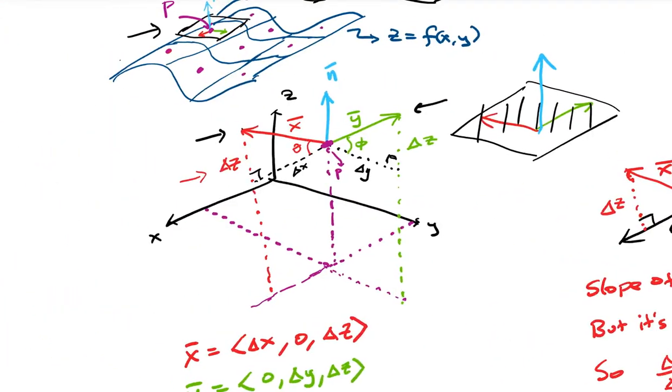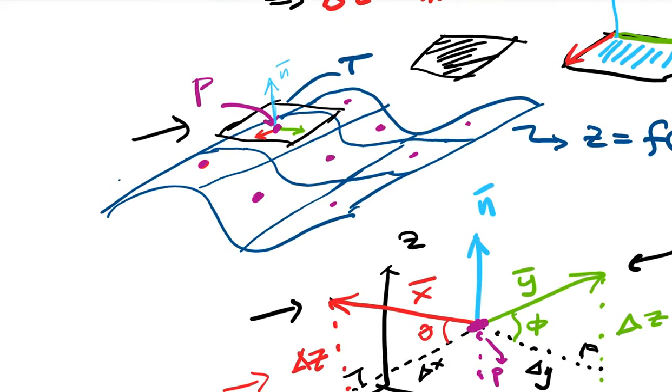Let me go back to the figure. You have z equals f of xy. If you take the point P here, and go in the strict x direction from there, like the red, the slope there is f sub x.